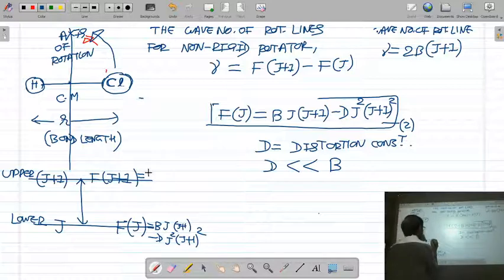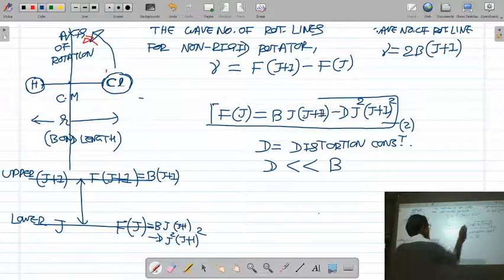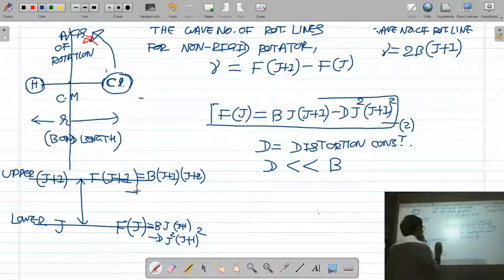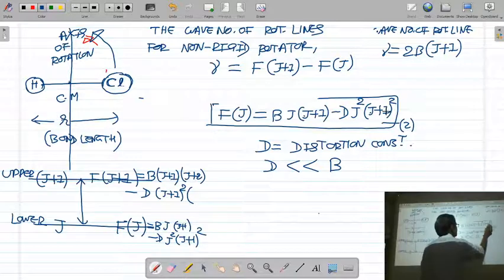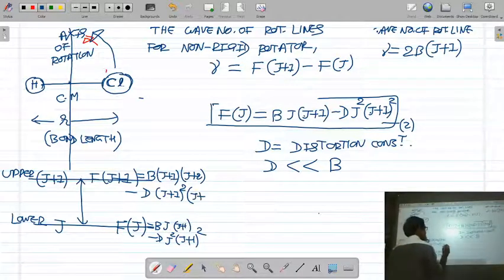It is B, where you replace J by J+1, so (J+1)(J+2), minus D, where J is replaced by J+1, so (J+1)² and (J+2)².